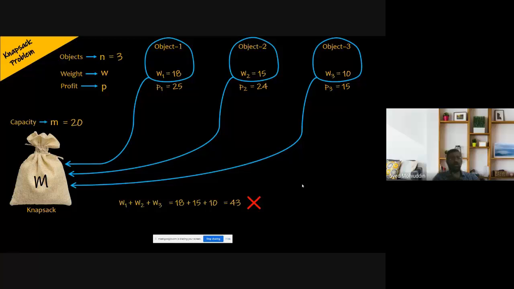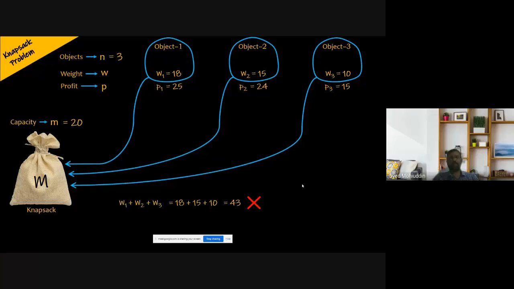So 43 cannot fit in 20 kgs. Going back to the problem statement, it doesn't say that we have to fill the knapsack with all the objects to get maximum profit. Filling everything to get maximum profit doesn't make sense.